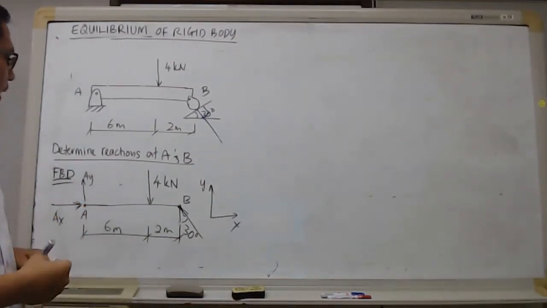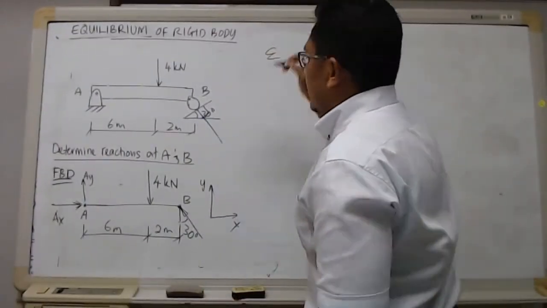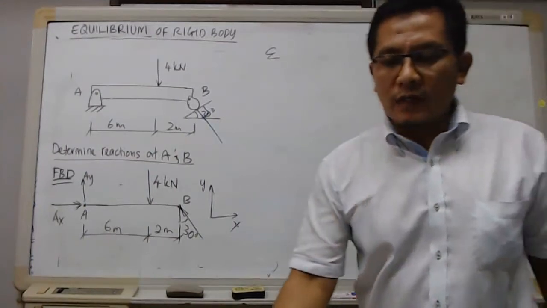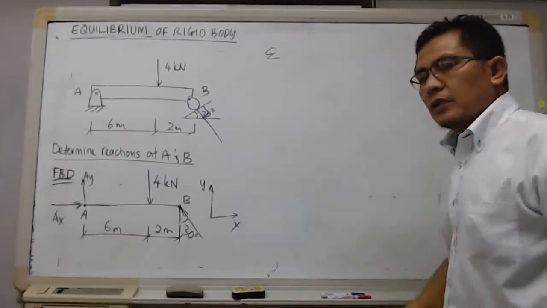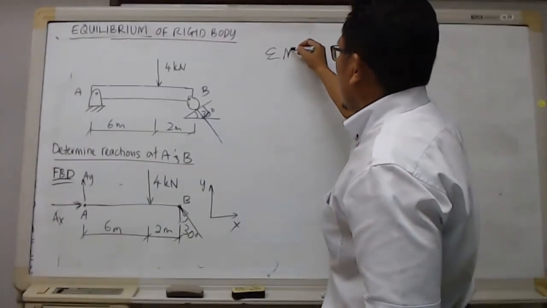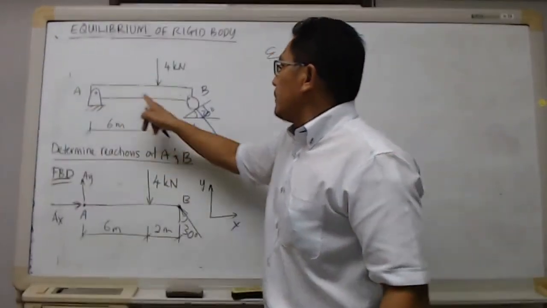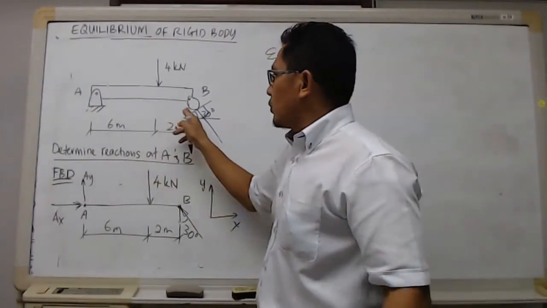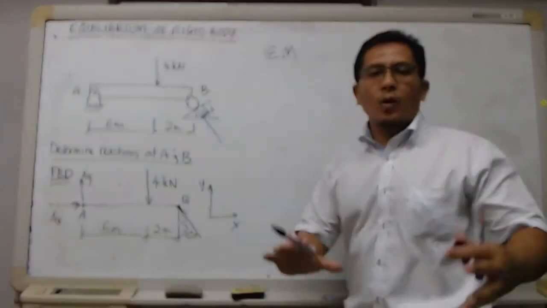So when you do that, then you start doing the summation of, in many cases, we always start with the summation of moment, because in many cases it gives you the answer straight away. So moment at point, you can choose any point. You can choose point A, point B, because of this situation, the moment at A and the moment at B is always 0.